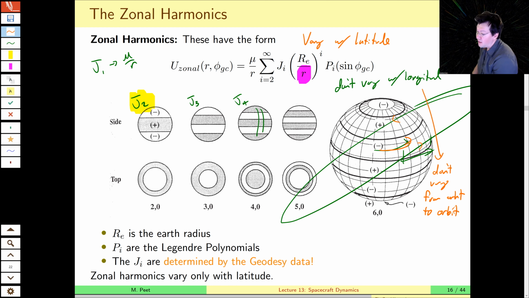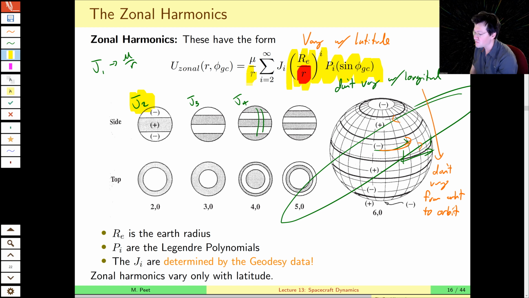Okay, so what do they look like? Basically, we use these harmonic functions, which are given here. Those are the basis functions, the nominal functions, like the Fourier functions, for example. And then the data comes in from GRACE and is used to determine the coefficients.